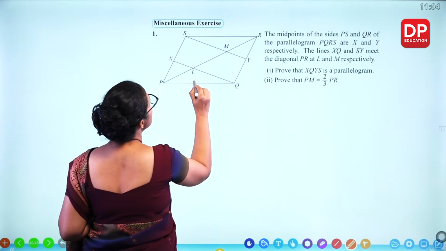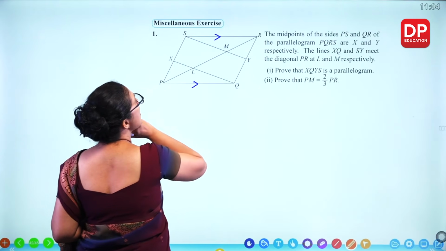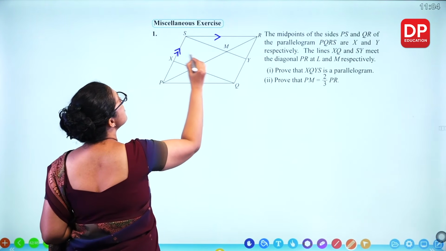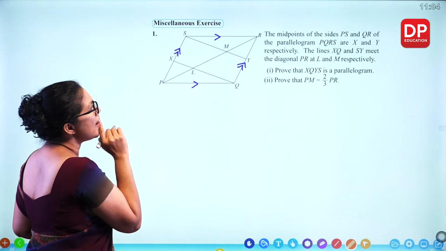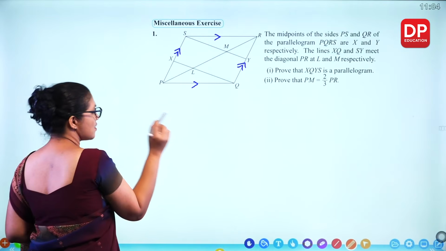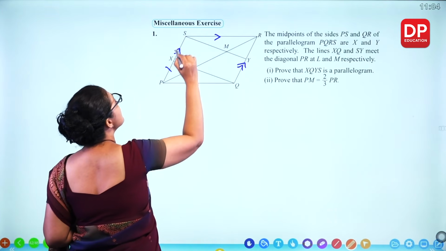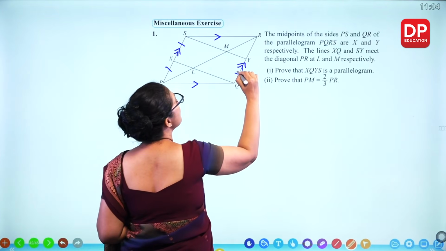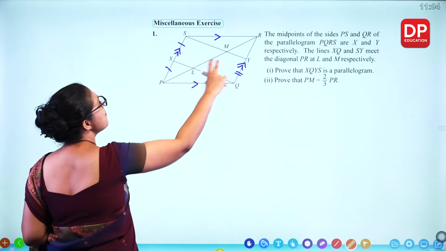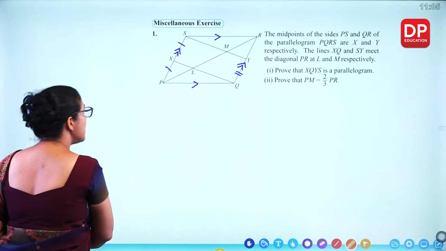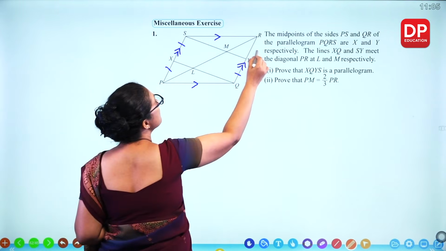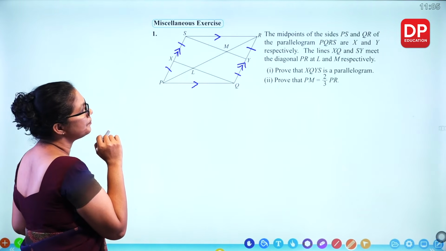That means these two sides are parallel, these two sides are parallel, and X and Y are midpoints. So I'll mark this length is equal to this one. Here, same side, opposite sides are equal, I can use the same length. This is equal to this.